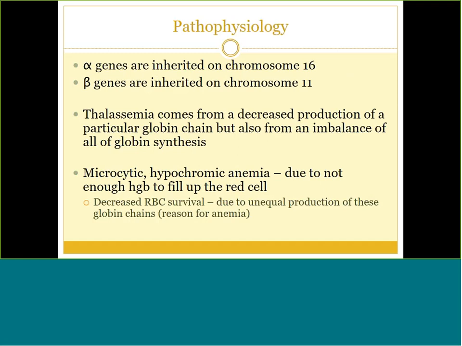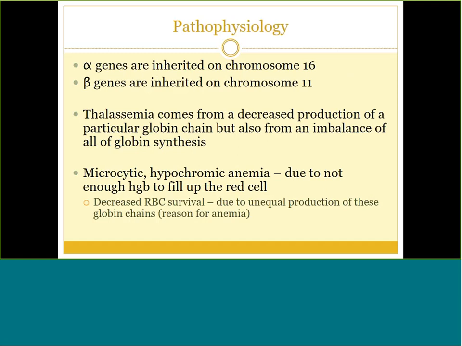All right, so overall, the alpha genes are going to be on chromosome 16, and the beta genes that make the beta chains are on chromosome 11. So thalassemia will come from a decreased production of one of those, either the alpha or the beta, and then that will create an imbalance of the globin chains. Thalassemias are microcytic hypochromic anemias.